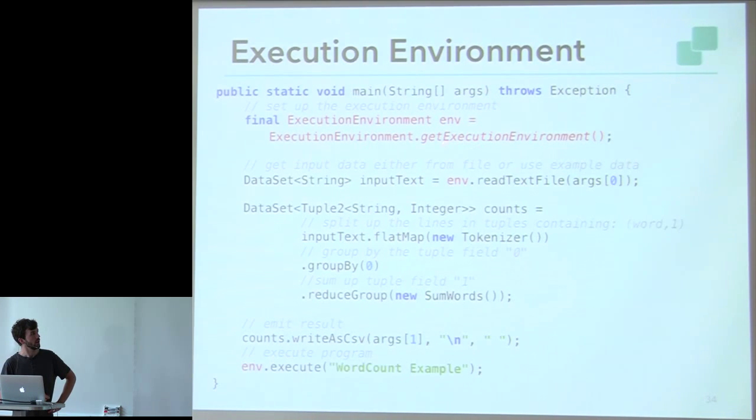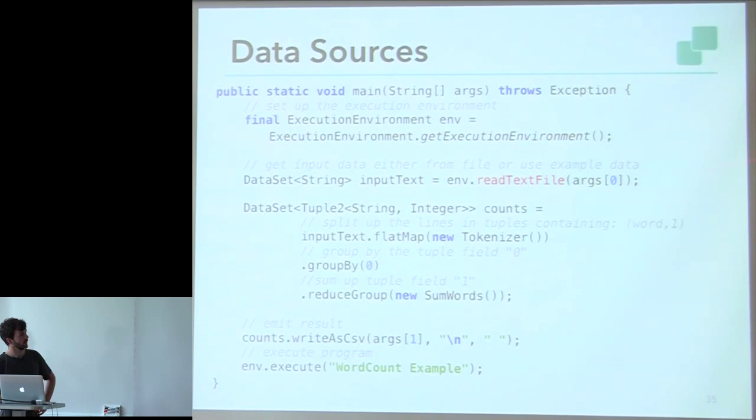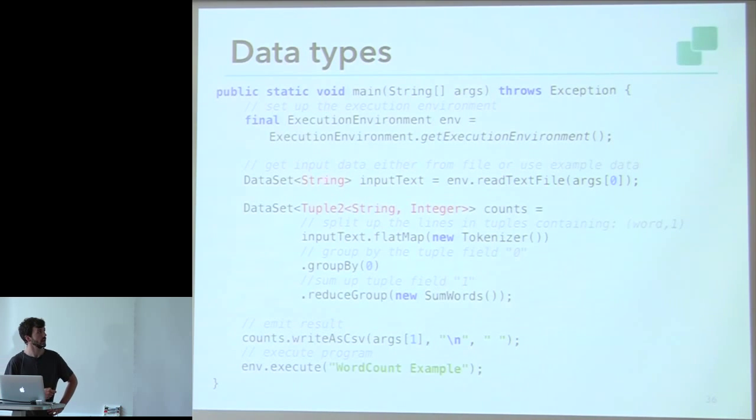which helps you to bootstrap your whole program, and also later on it automatically determines whether you run this locally or in a cluster environment. Then we have what we call a source, in this case a text file. And we get a DataSet, which is of type String. In Flink, you always specify the types.